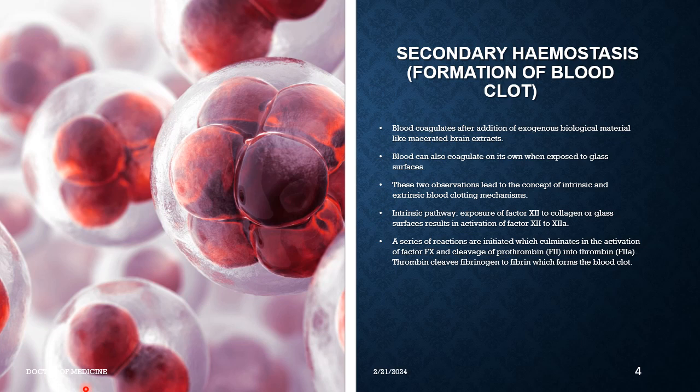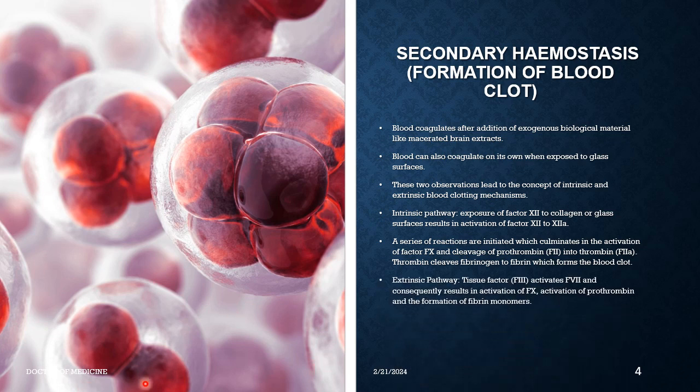At the end of the day, the cascade will result in the conversion of a soluble protein that is called fibrinogen into its insoluble form, that's fibrin, which is going to form the fibrin meshwork. Okay, so that's what essentially we have in these pathways.